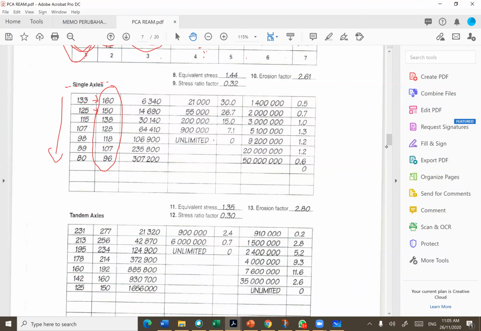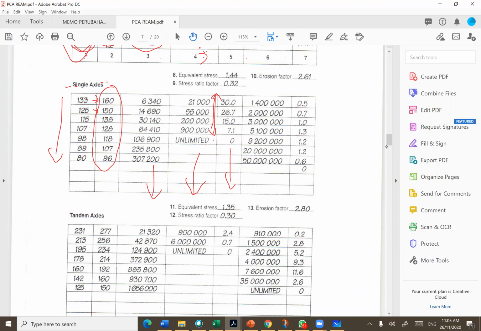You can list them all down, but when you calculate column number 4, you don't need all of them, because at one point you become unlimited. Once you reach unlimited, you don't have to calculate further down here. It's 0 already. All right, never mind.